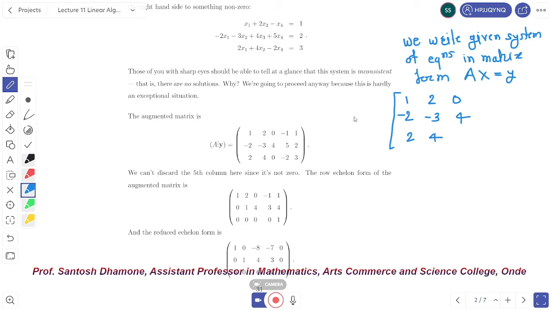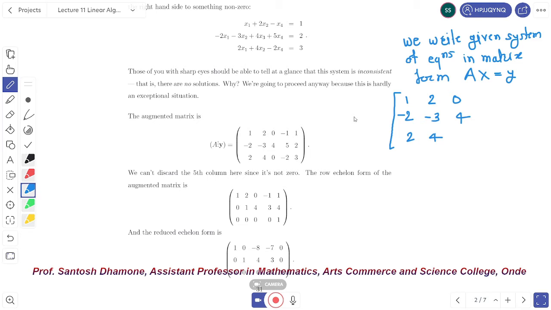This is matrix A. The variable matrix X is x1, x2, x3 and x4. The matrix Y is 1, 2, 3.